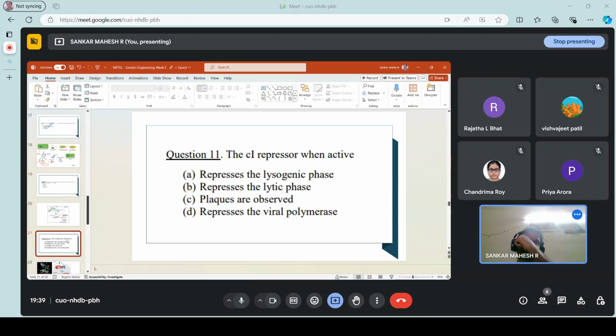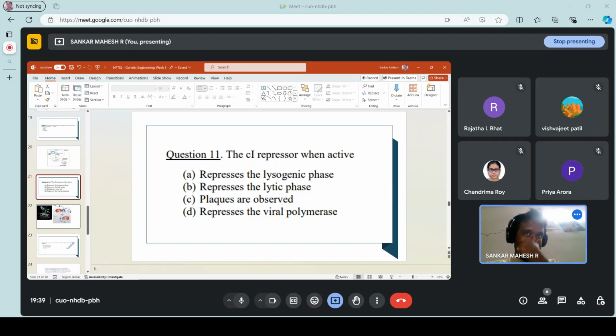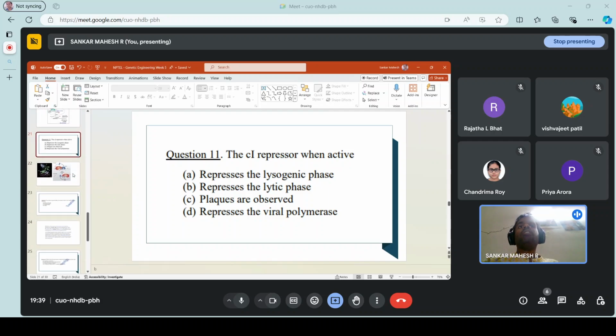The next question is, the CI repressor, when active, what does it do? It represses the lysogenic phase, it represses the lytic phase, plaques are observed, or it represses the viral polymerase. Does anyone know about the CI repressor? Or we'll start with the different phases of viral growth.